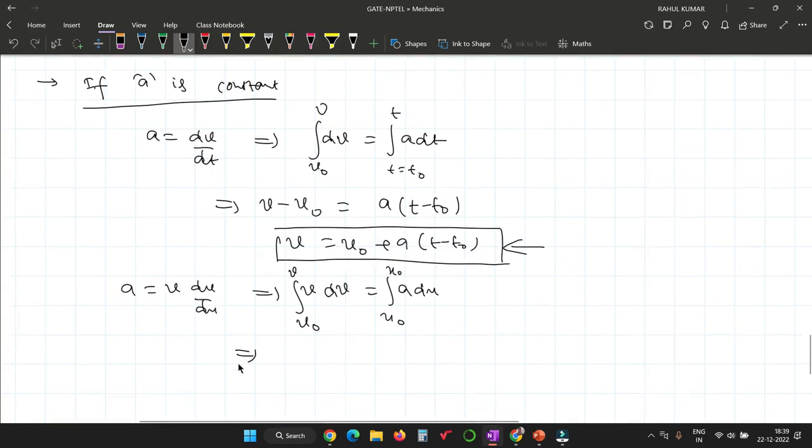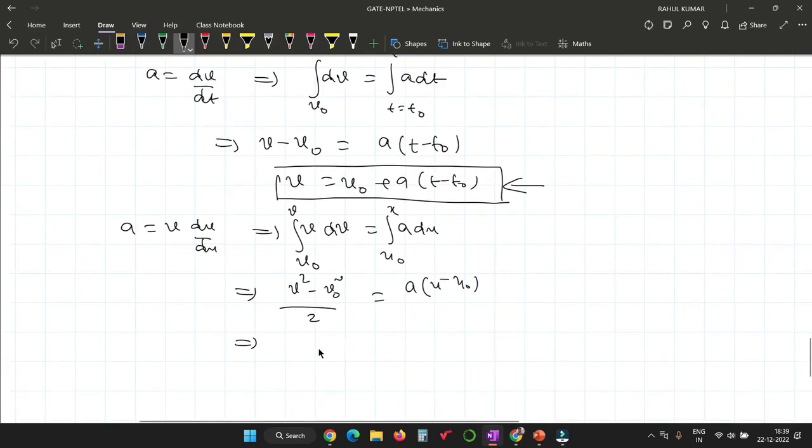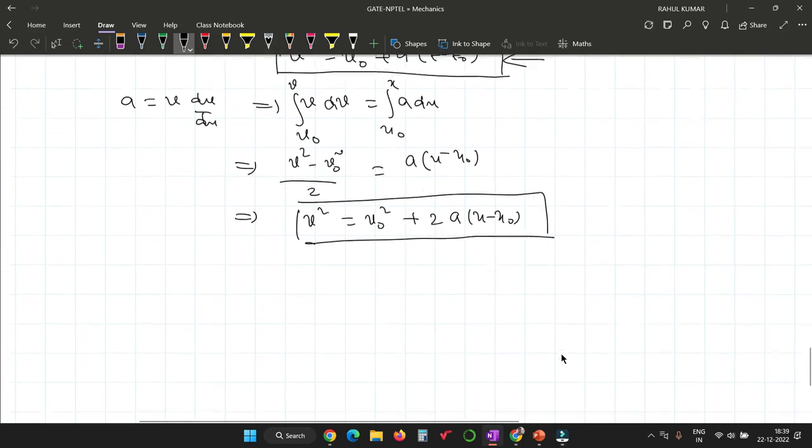So you will get v square minus v naught square divided by 2 equal to a times x minus x naught. So you get the result v square equal to v naught square plus 2a times x minus x naught. So it is the second equation for constant acceleration, accelerated motion.